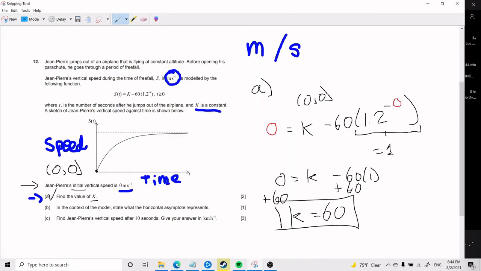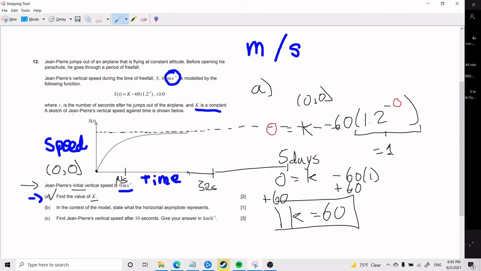Part B, in the context of the model, we need to state what the horizontal asymptote represents. And so, first of all, what the heck is an asymptote? Okay, an asymptote is this line here. And it is essentially what the function will never touch. Okay?